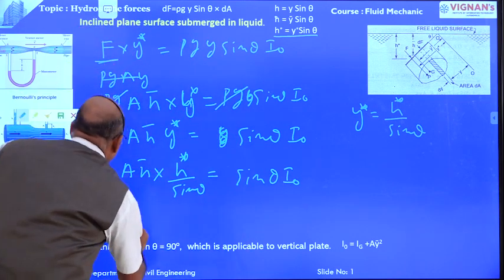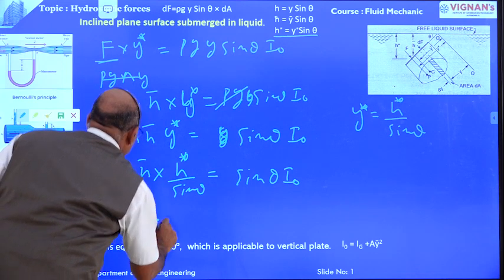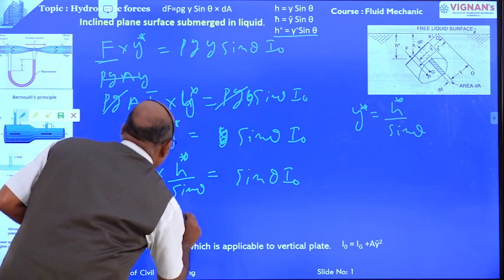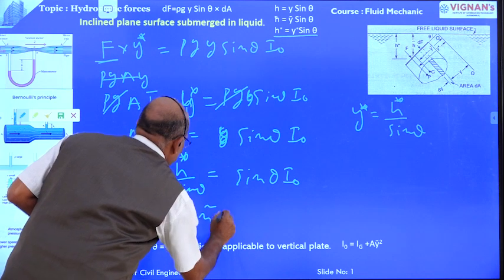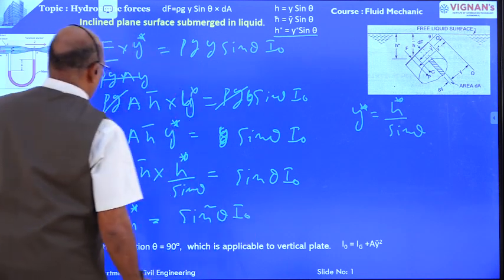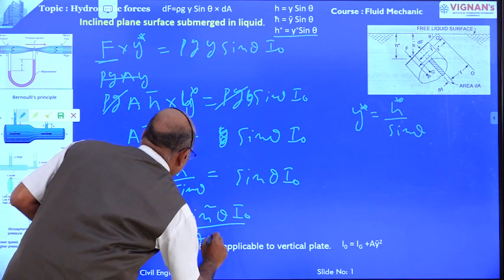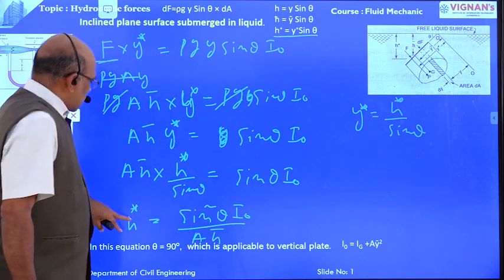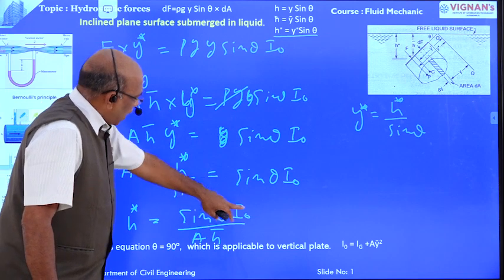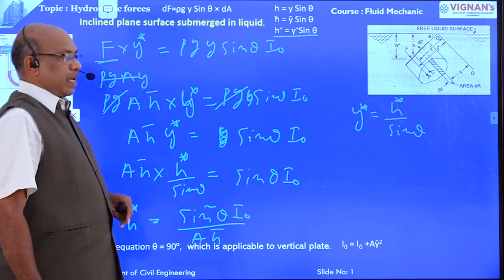Therefore, h star is equal to sine square theta I0 divided by a h bar.